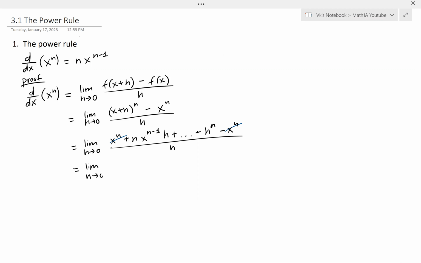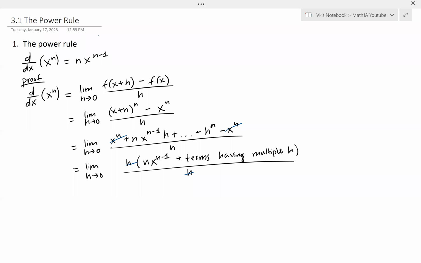Well, we can factor out an h from here. We have n x to the n minus 1 plus a bunch of terms having multiples of h, over h.